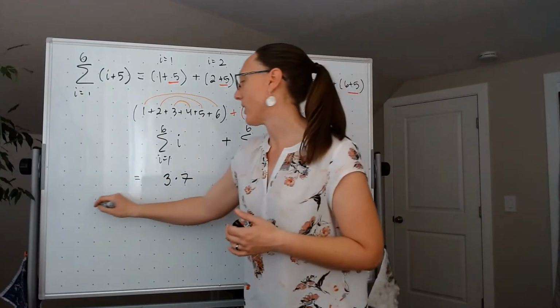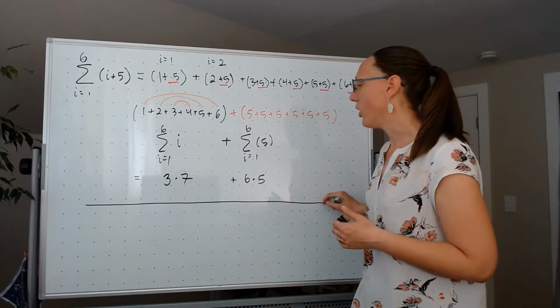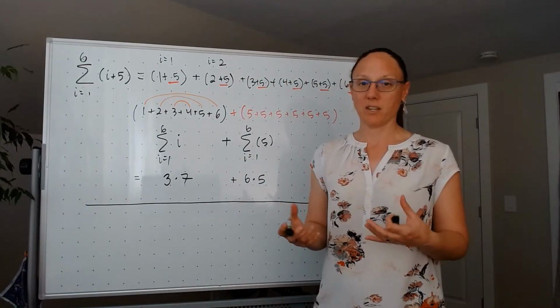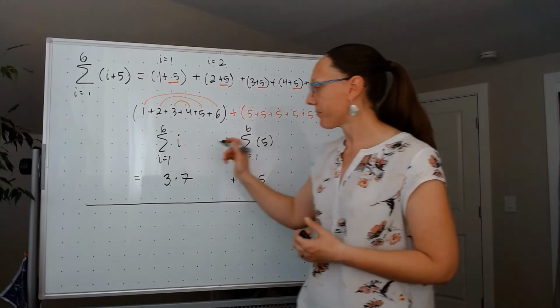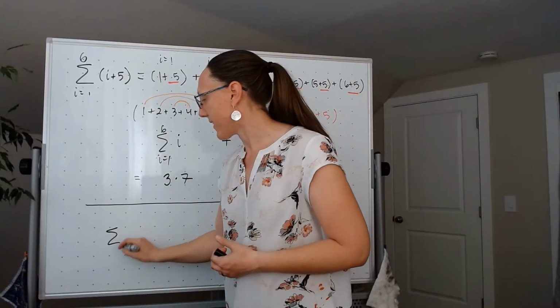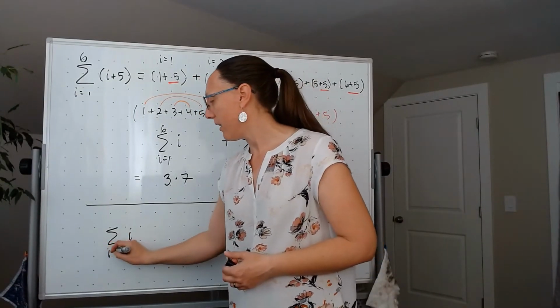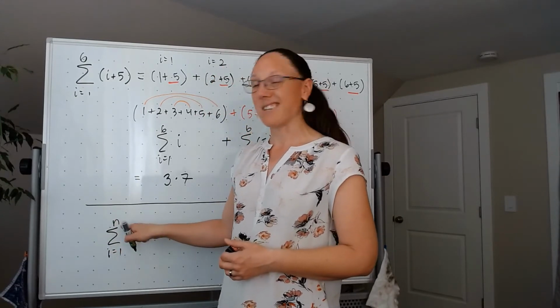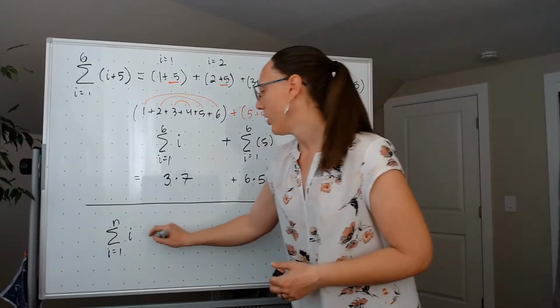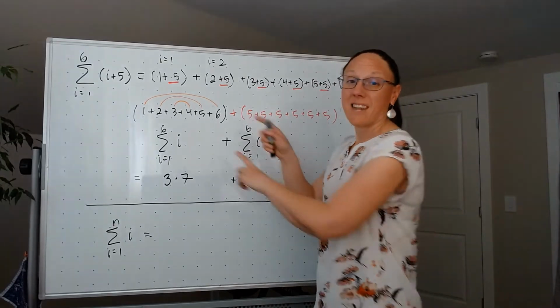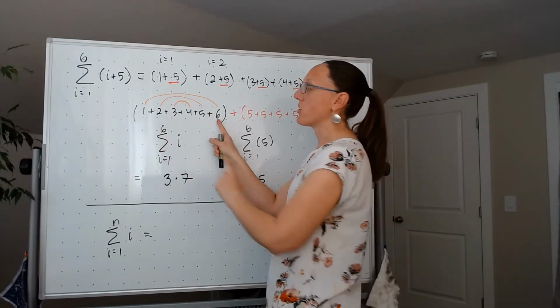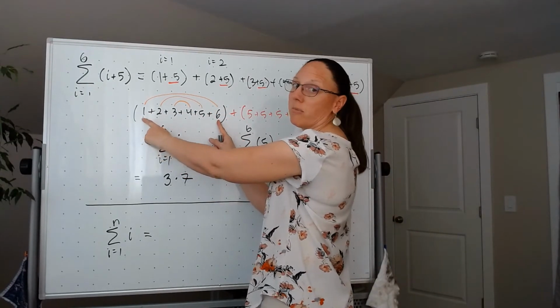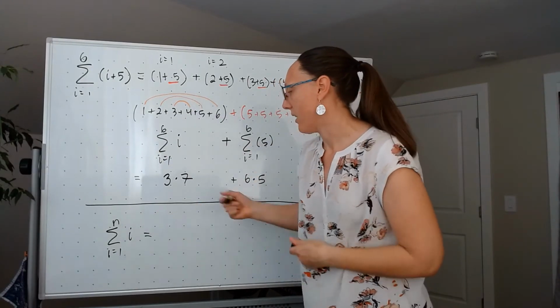Now if we write those shortcuts out a little more generically, we're going to come up with 2 of the first formulas for this section. If I take the sum of i from i equals 1 to some number n, we're going to be able to do this same thing where I pair the first term plus the last term. So that's 1 plus n.